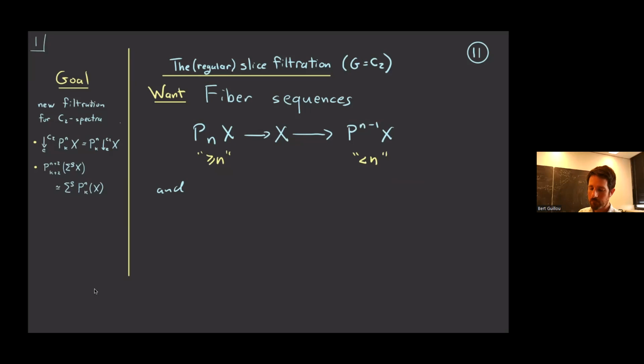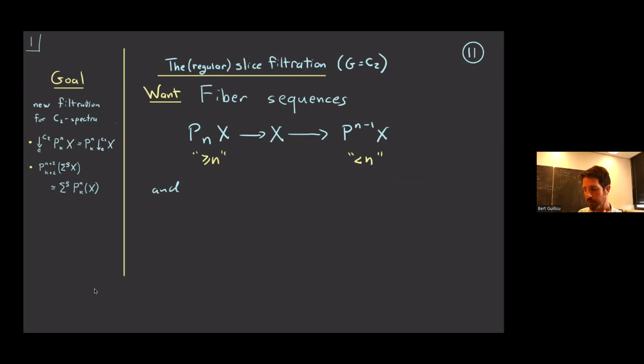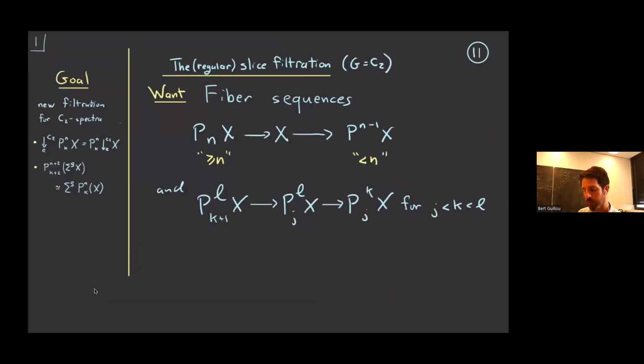Okay, and here I have a slightly more refined version of that. Here I have three indices J, K, and L. You can think of this one up here as the unbounded case. When I look at this kind of picture, the way I'm imagining it is, in the middle, I have something from level J all the way up to level L, and maybe there's a level K in between.